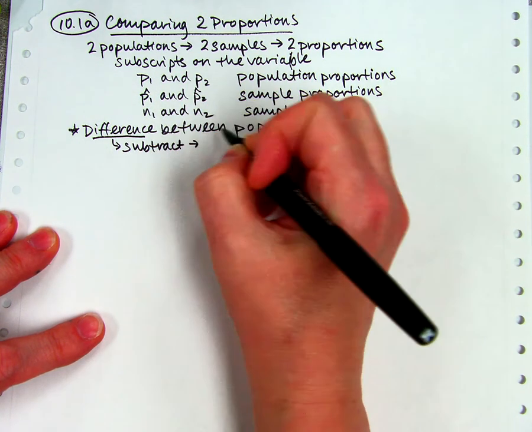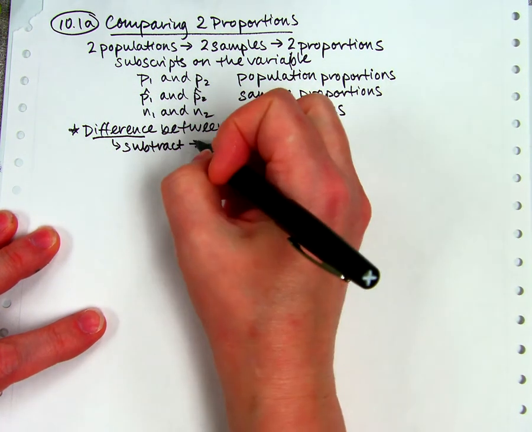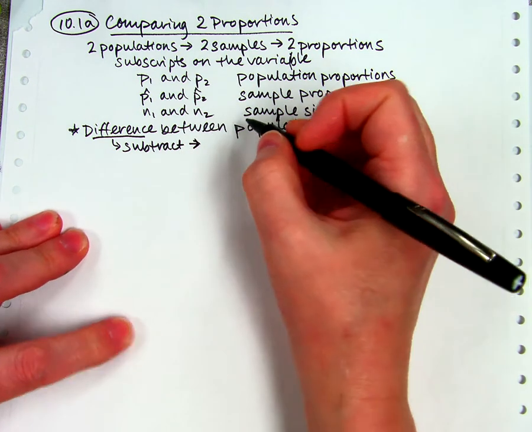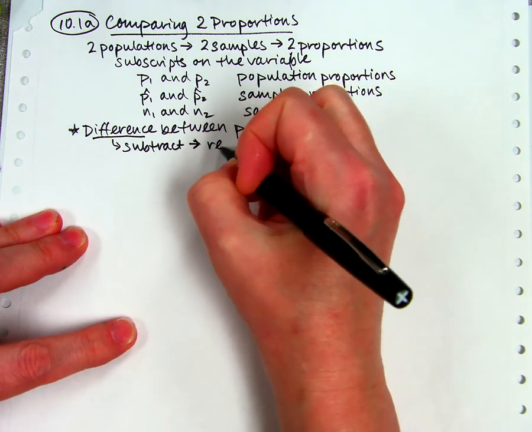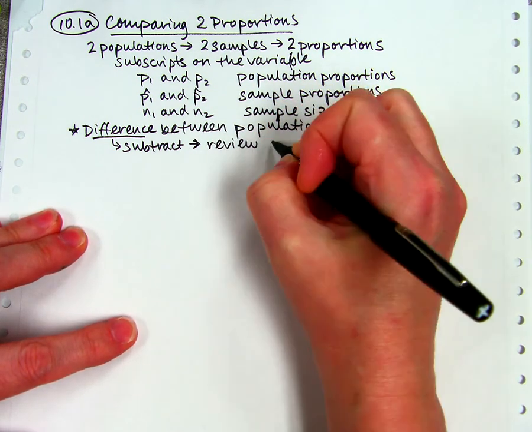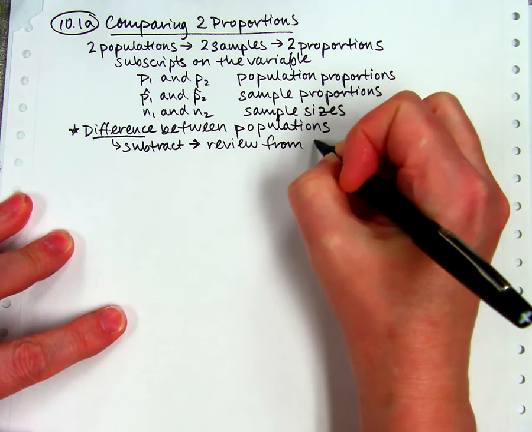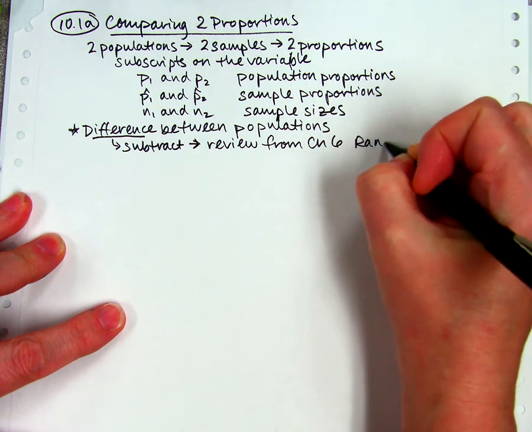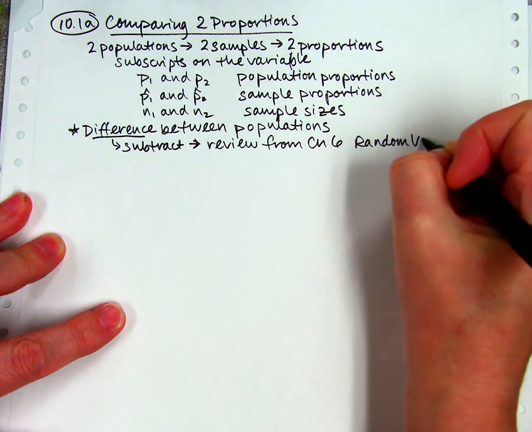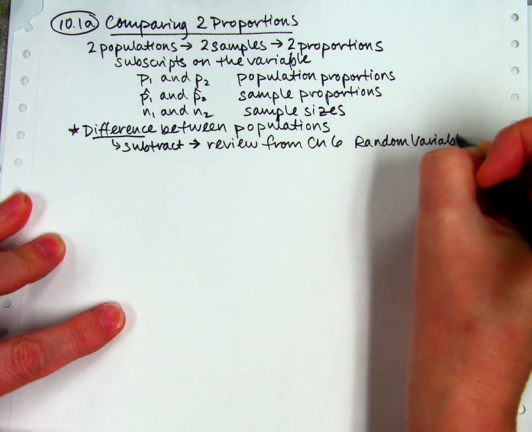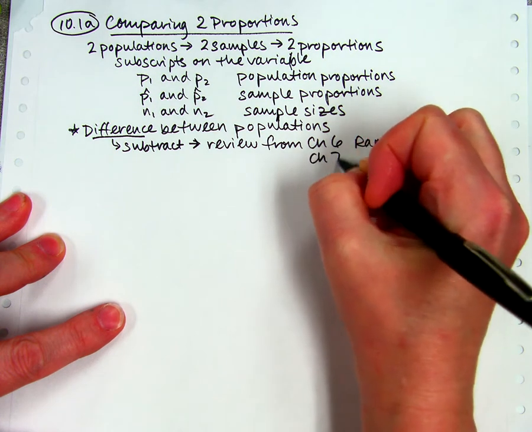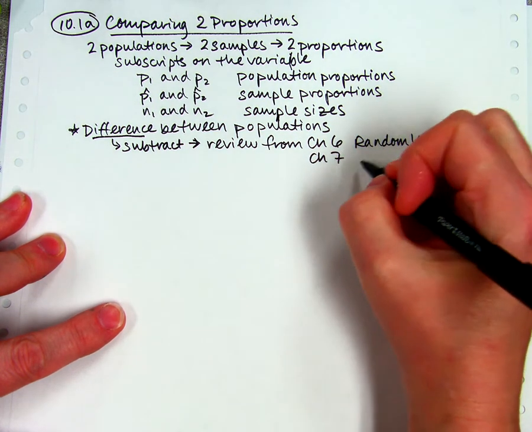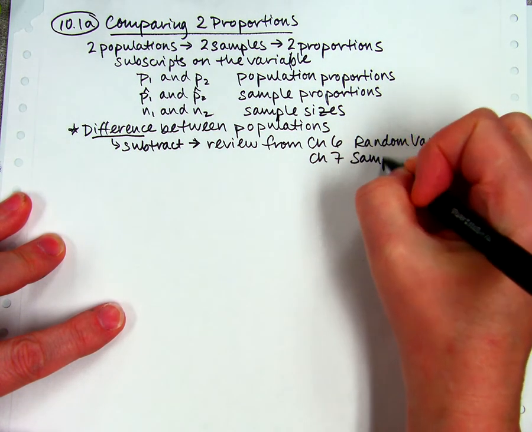And so we'll get to review a little old stuff today, which I kind of like. This is actually part of what I like about Chapter 10, is it includes some review from Chapter 6. Ooh, that seems like a long time ago. December was Chapter 6, which was about random variables. And it includes some review from Chapter 7, which we did in January, which was about sampling distributions.